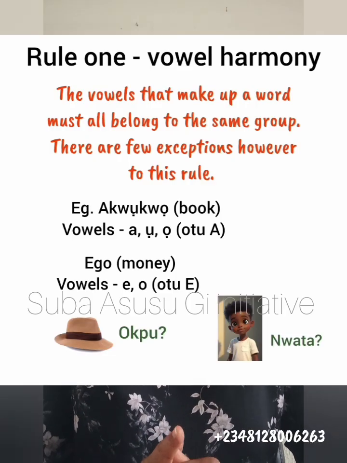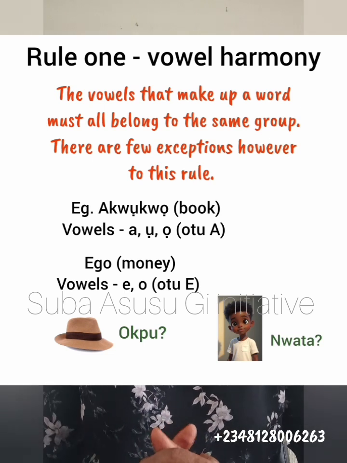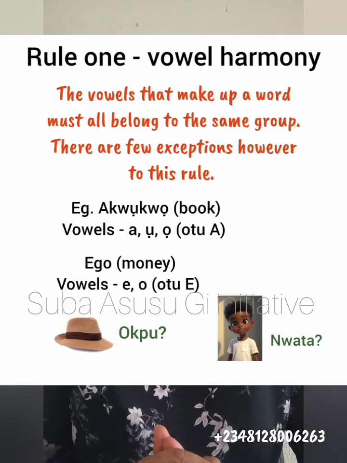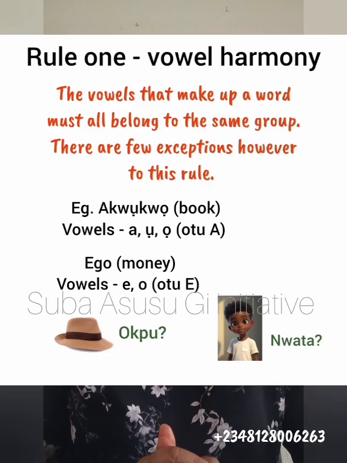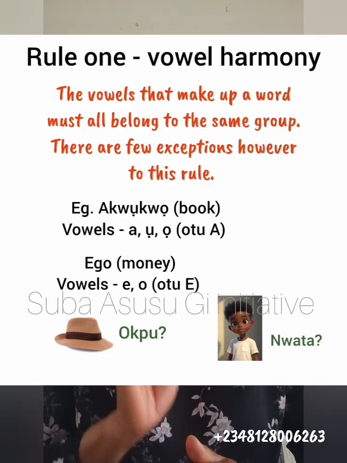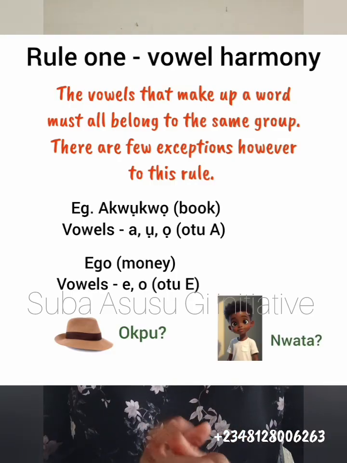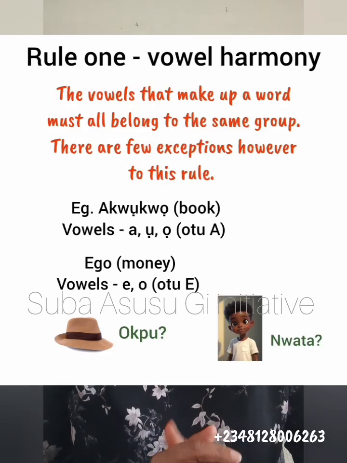So we have kwe appearing twice, so those are the consonants, and then the rest are vowels. So looking at the 3 vowels in that word, akwụkwọ, you will find out that they all belong to otu a. Remember, a is the leader with all the other vowels dotted under. So this first one agrees with the rule of vowel harmony.